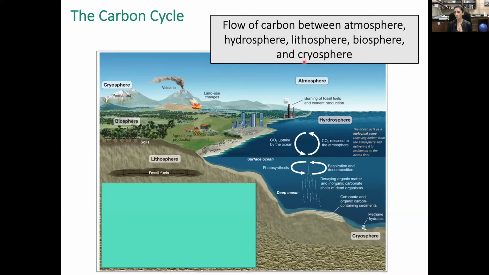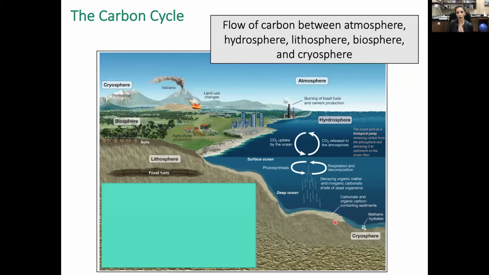Cryo meaning cold. The cryosphere is the frozen solid pieces of Earth, like permafrost environments or sea ice, as well as something called deep methane hydrates, which are frozen molecules of methane that happen deep, deep underwater at the seabed.